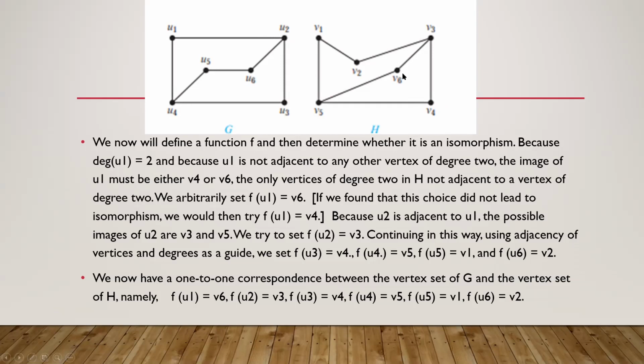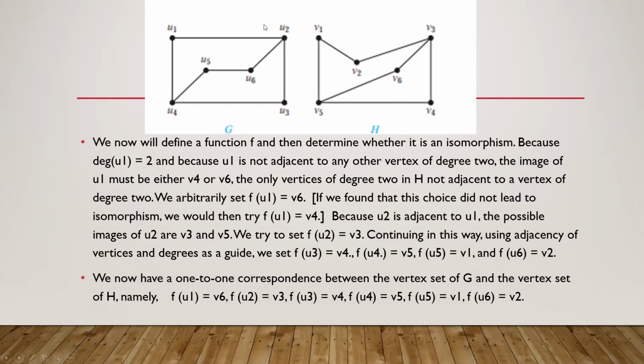These are the only vertices of degree 2 in H not adjacent to a vertex of degree 2. We try to set f(u1) = v6. If we found that this choice did not lead to an isomorphism, we would try f(u1) = v4.